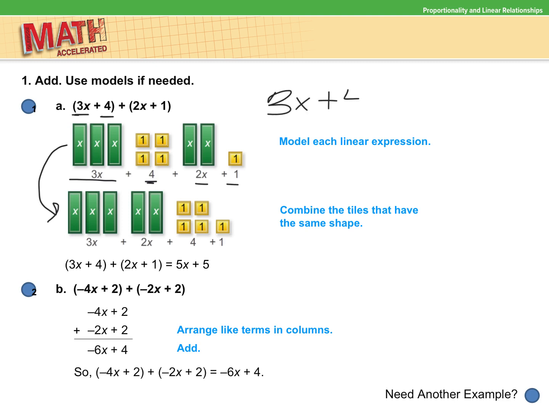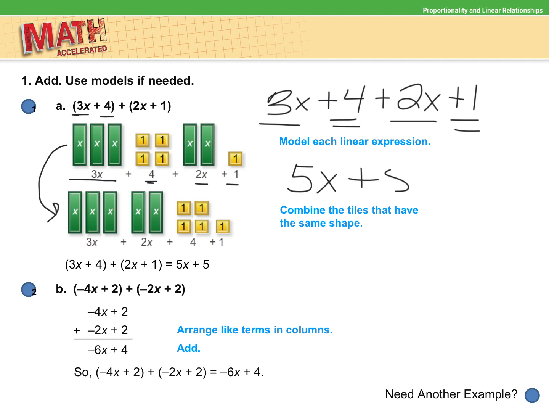The operation is addition, so we really do not need those parentheses. So first step is take the parentheses out and rewrite what you have. Now, does it look like something we've dealt with before? What do we got to do? Combine like terms. We have 3x plus 2x, 5x, and then we have 4 plus 1 plus 5.